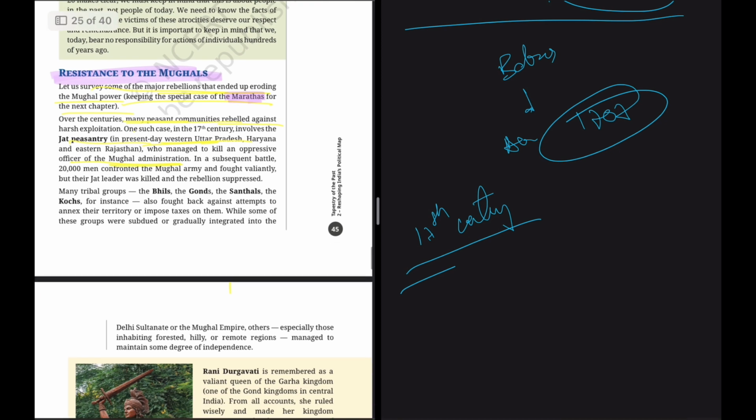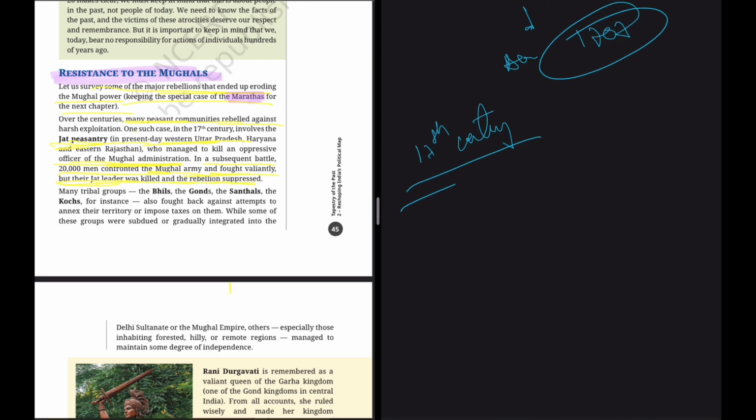And in a subsequent battle, 20,000 men confronted the Mughal army and fought valiantly, but their Jat leader was killed and the rebellion was suppressed.